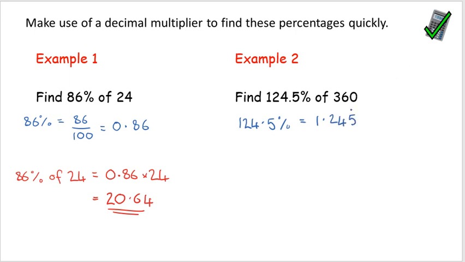And remember, you have your calculator anyway, so you could do that on your calculator as well. Therefore, my calculation becomes 1.245 multiplied by my original amount, which was 360. And if I type that exactly into my calculator, that gives me 448.2.